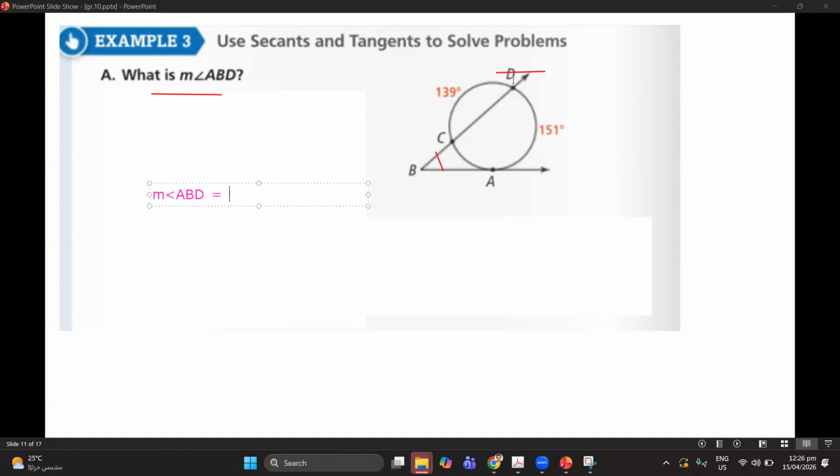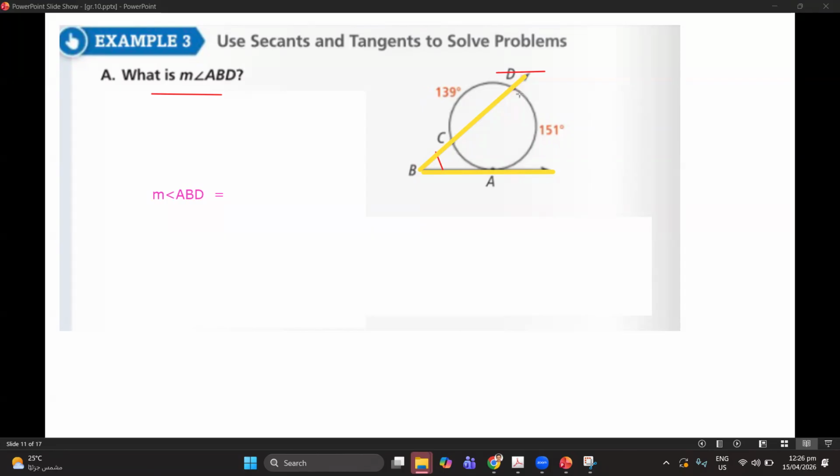Okay, I'll repeat. Here I have the two hands of the angle. Which are they? They are BD and AB. Now, between the hands of the angle, I have two arcs. What are these two arcs?